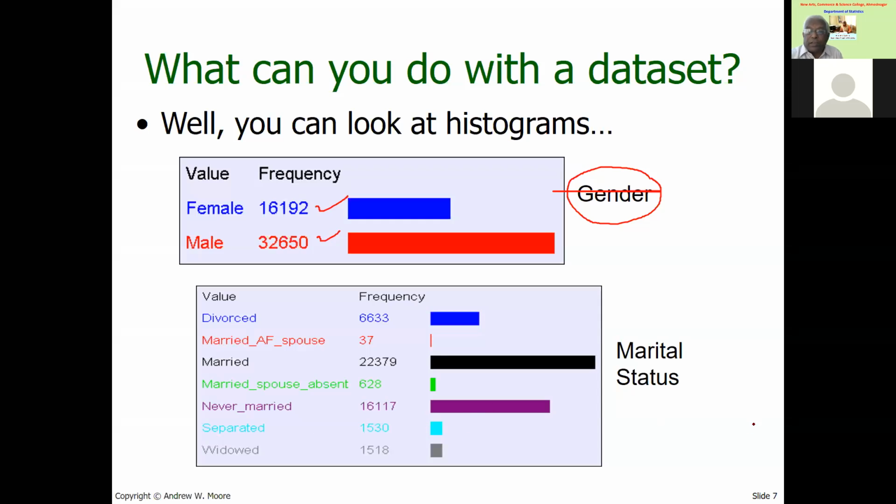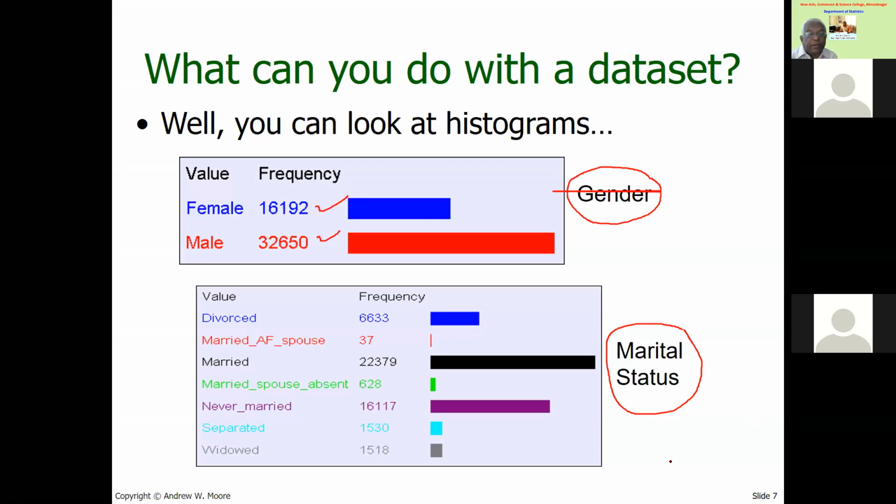Now, another thing is this is the distribution according to marital status. See here, divorced people are 66,633. Married apart from spouse. They are married, but they are living apart from their spouse. Only 37 are there. Married, 22,379.